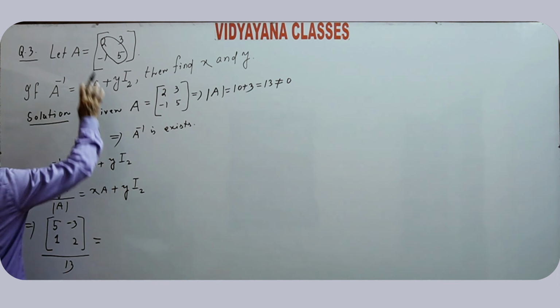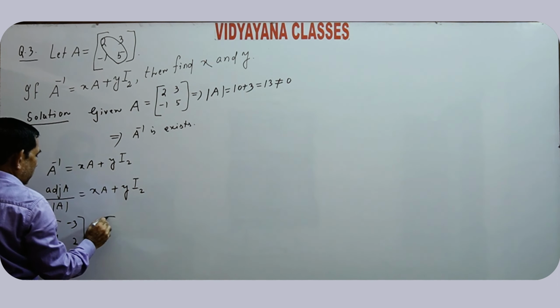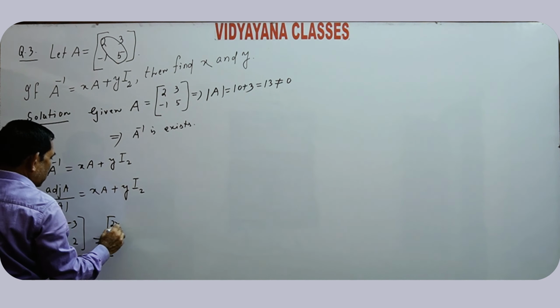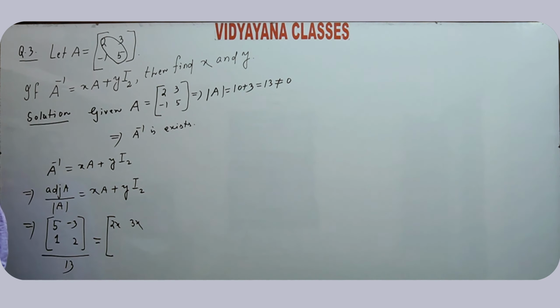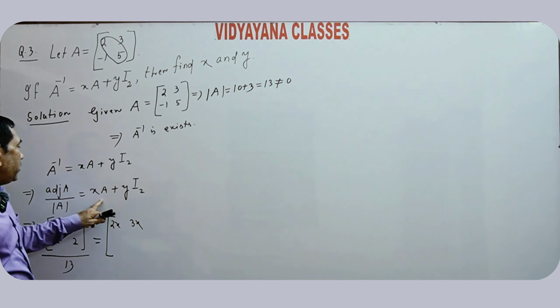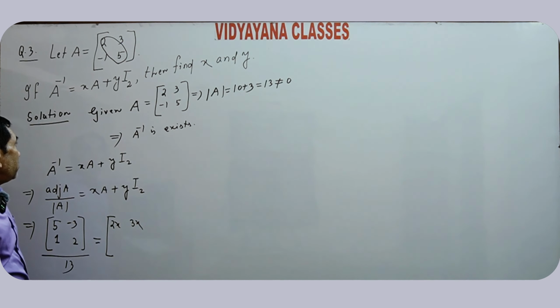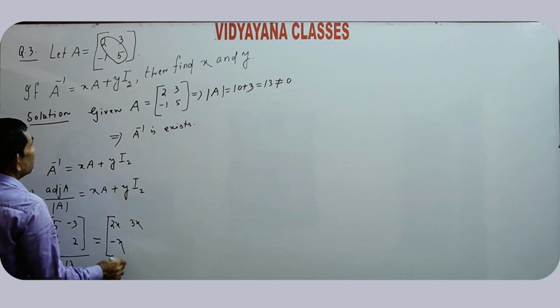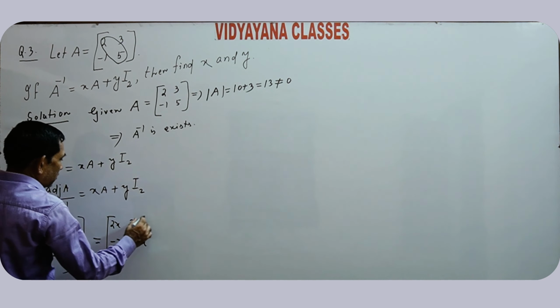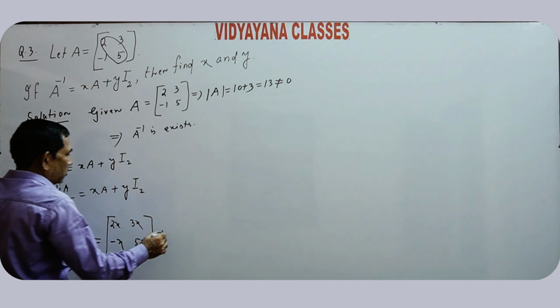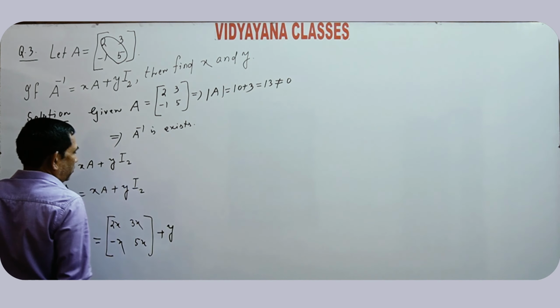X into A, it gives 2x, 3x, x is a scalar. If a scalar is multiplied with a matrix, then it will be multiplied with each element of the given matrix. 2x, 3x, minus x, 5x plus y into I2.